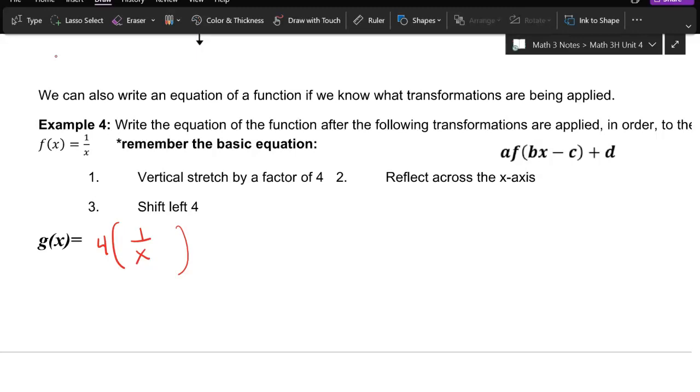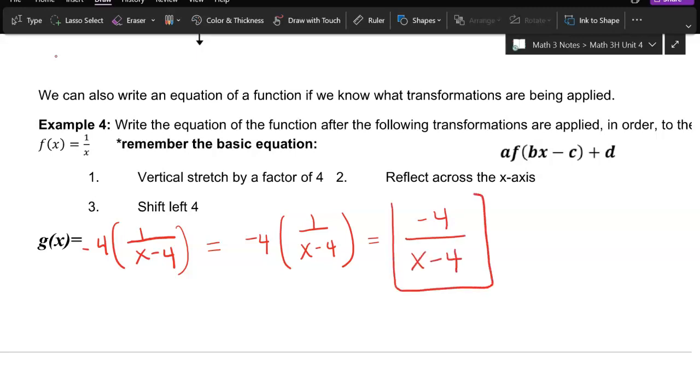And then it says reflect across the x-axis, so that's going to be a negative in front. And then a shift left 4, so that goes with x on the bottom here, so minus 4. So let's regroup that. So we have negative 4 times our 1 over x minus 4, or we just have negative 4 over x minus 4. And that would be your equation.